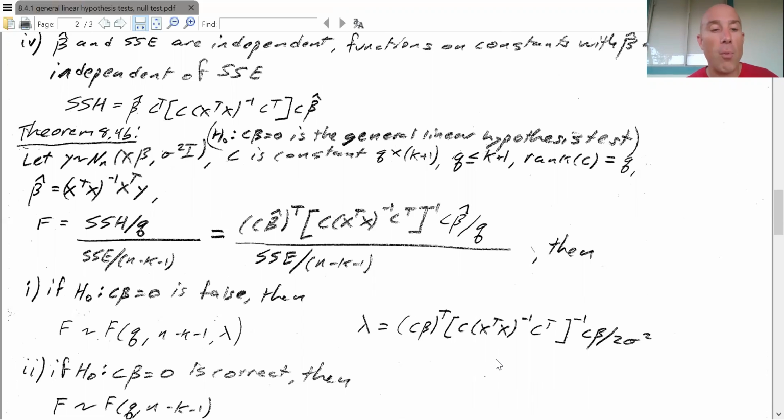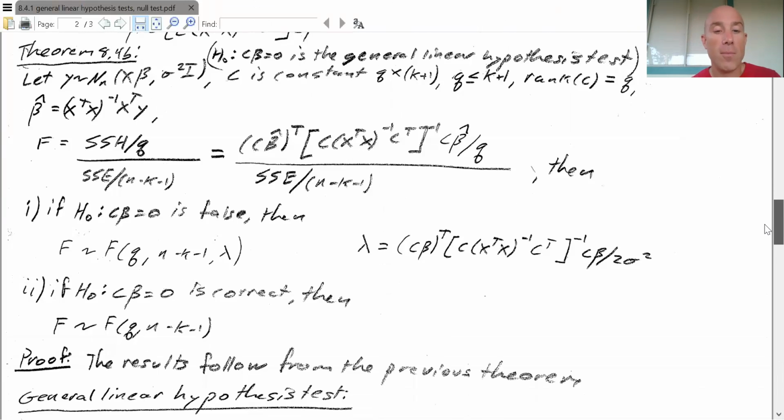Should look familiar at this point. If the null hypothesis is correct, then this F statistic is going to be regular vanilla F distributed, so we just have the degrees of freedom. The non-centrality parameter is equal to 0, so we just don't write it because we're lazy.